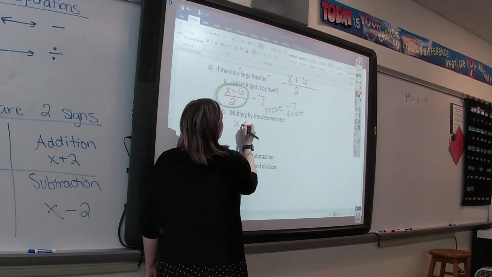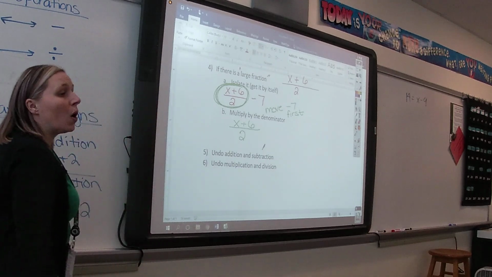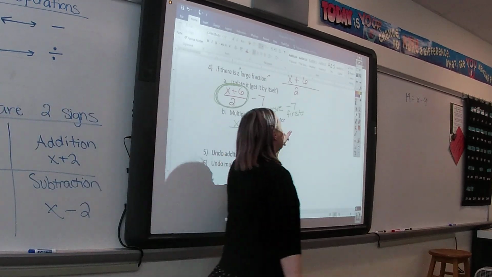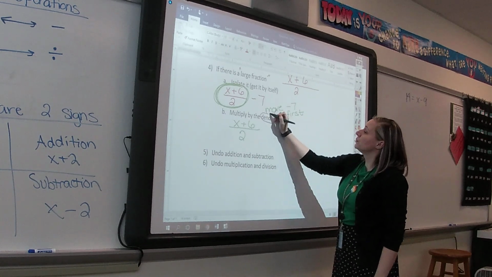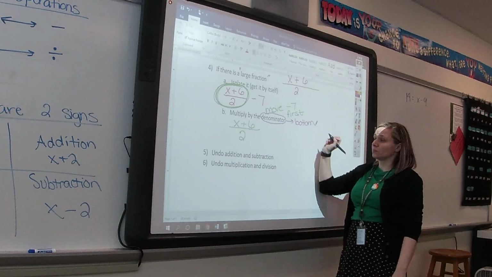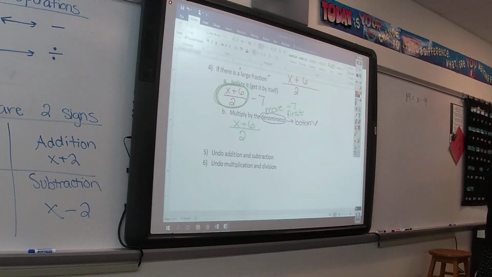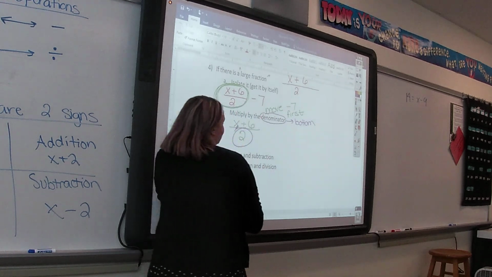Once we get it by itself, then we're going to multiply by the denominator. What does the word denominator mean? Bottom number. This is the bottom of the fraction. So this is what we would move next.